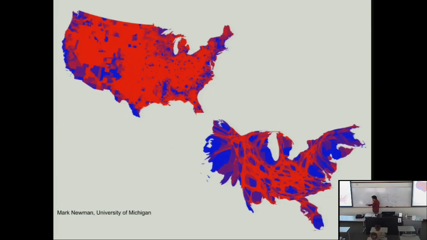So like I said, this is the work of Mark Newman out of Michigan. On the left is the map you're used to seeing. On the right side is a map you might not be used to seeing, but also tells a bit of a different story.